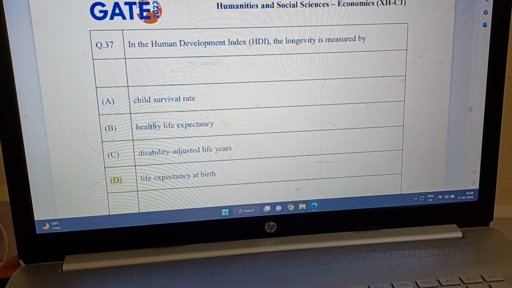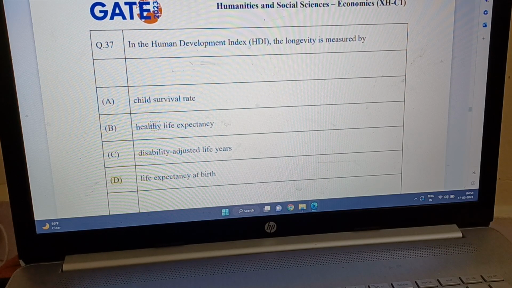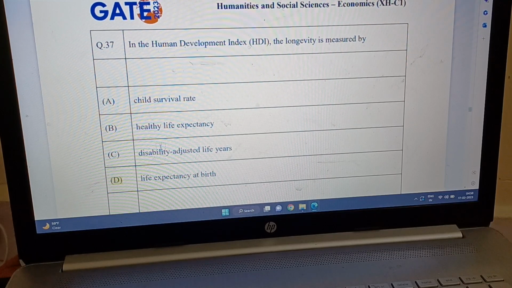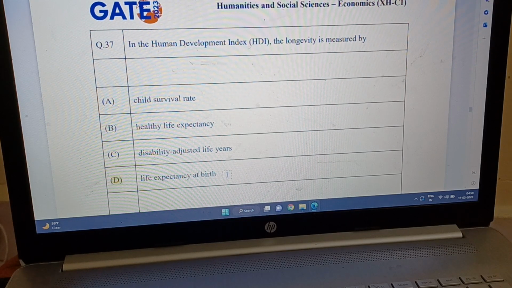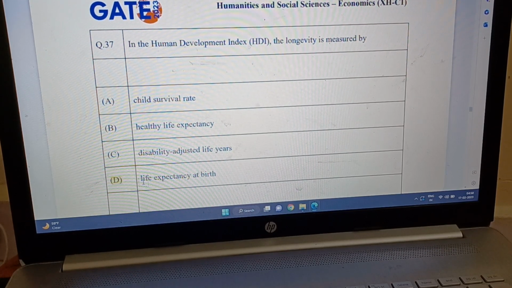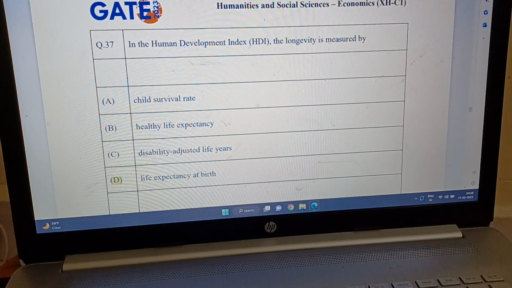If we are living for 100 years while unhealthy, then our life expectancy is 100. And even if we are healthy and die of a heart attack at the age of 50, our life expectancy is only 50. So this one is to confuse you. Disability adjusted life years is also to confuse you. Only life expectancy at birth is a part of the Human Development Index because longevity, how long we can live, is measured only this way.